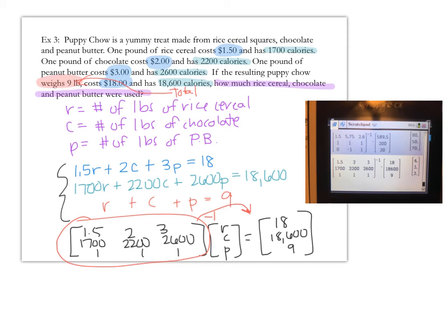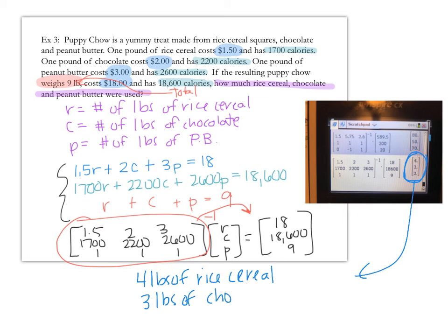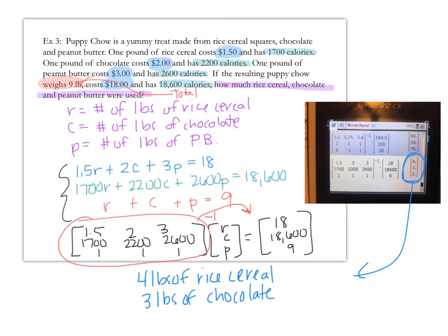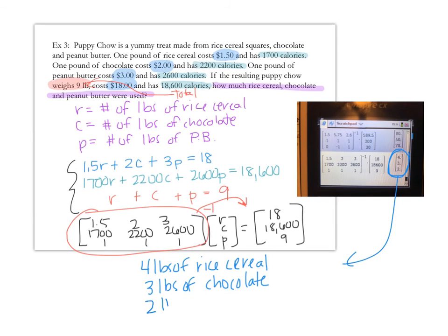And then we're just going to relate that to what each of those numbers mean for our problem right now. So remember we were measuring in pounds, so this is going to tell me that there are 4 pounds of rice cereal, that there are 3 pounds, the next number was C, so that's chocolate, and the last number is 2, and that was measuring the amount of peanut butter.